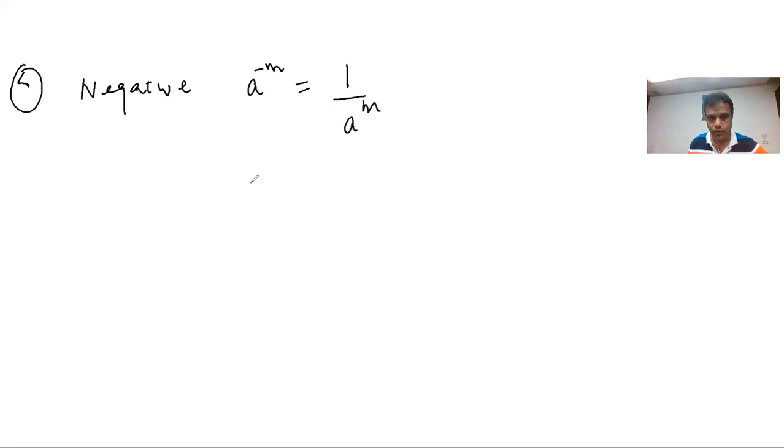So if I give you an example, say 10 to the power minus 1, that simply means 1 upon 10 to the power 1, which is nothing but 1 upon 10. Now you must have understood that the negative exponent basically means the whole number comes to the denominator. 10 to the power minus 1 is equal to 1 upon 10 to the power 1, 1 upon 10.